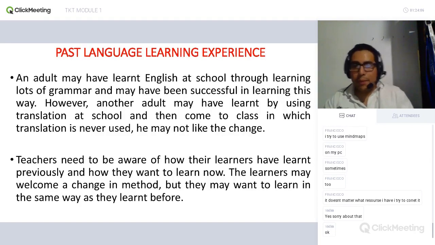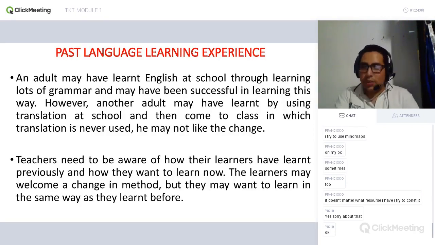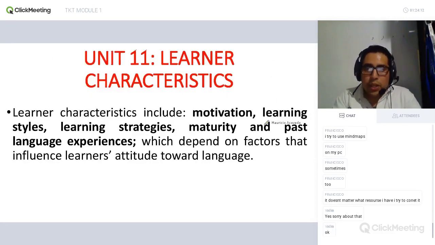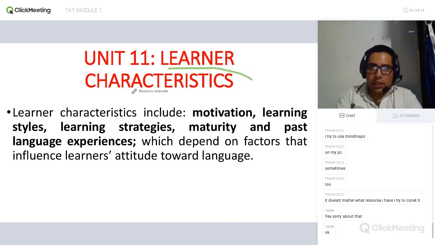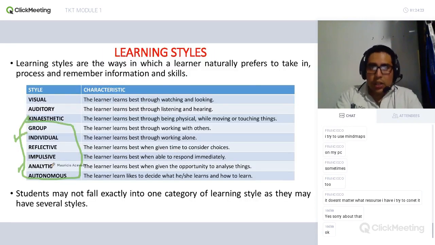Okay. Very nice, Francisco. Yadira, I know that you are kind of late, but let me just summarize very quickly. This unit is about learner characteristics. There are five: motivation, which we have already talked about, and learning styles, that is this one: visual, auditory, kinesthetic.